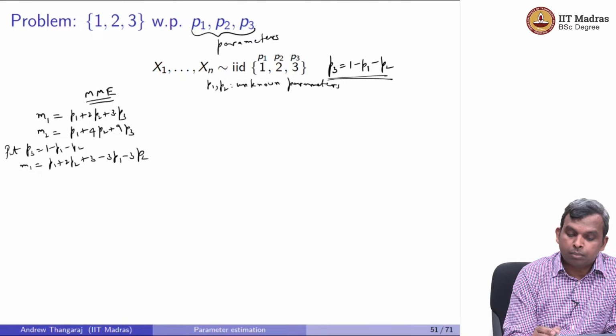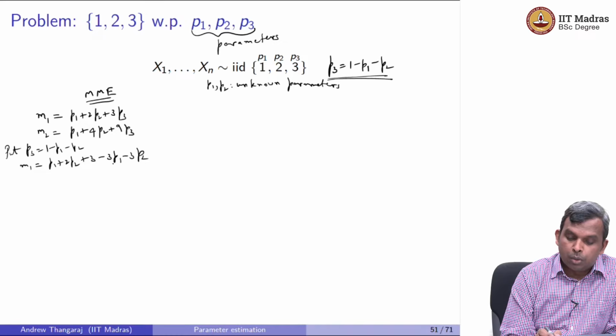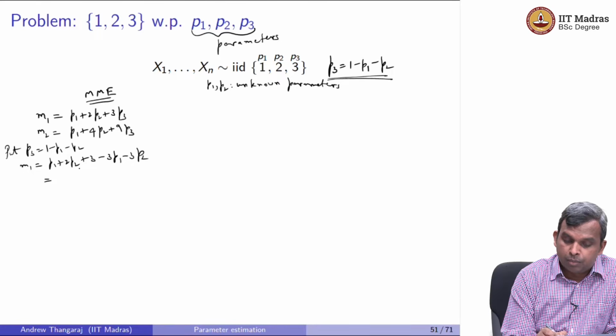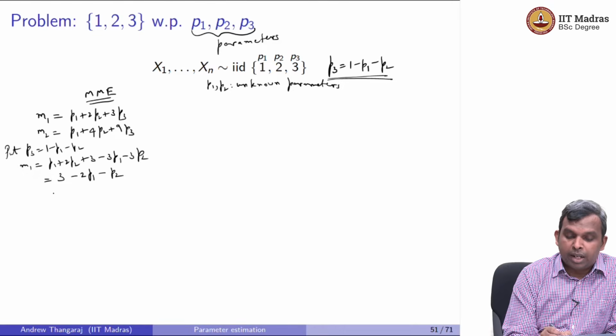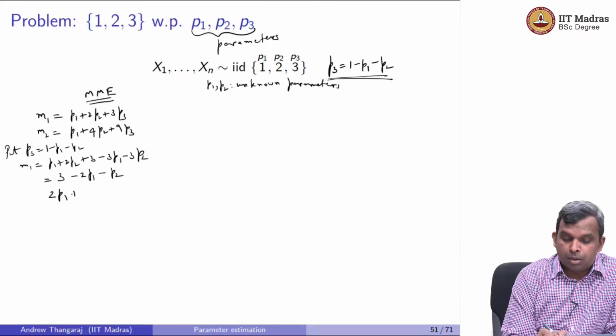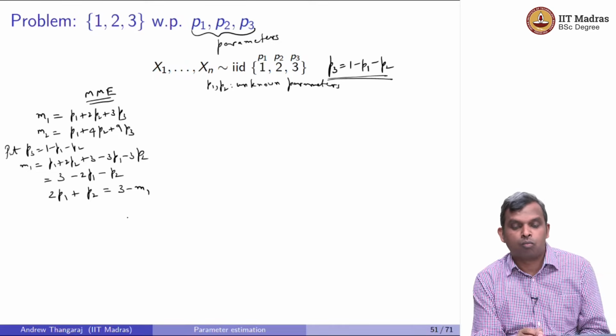If you simplify that, I'm going to get 3 minus 2P1 minus P2. You can rewrite this as 2P1 plus P2 equals 3 minus M1.